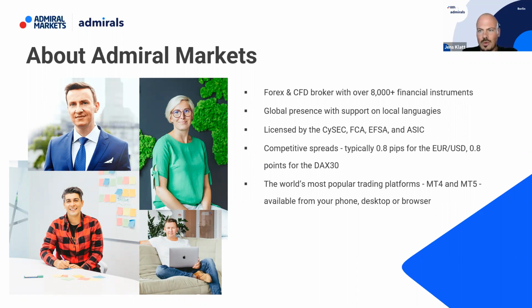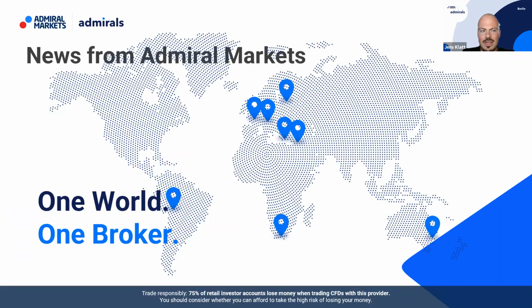You can still find the website admiralmarkets.com, but you can also find it by entering admirals.com and then a slash with the respective language you're looking for, for example DE for Germany. For further information, please check out the website. This is what I just mentioned: one world, one broker.